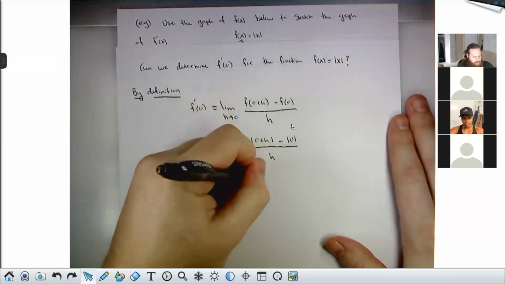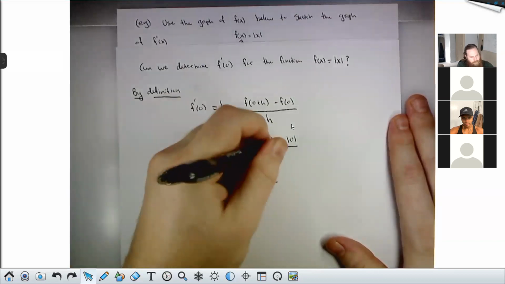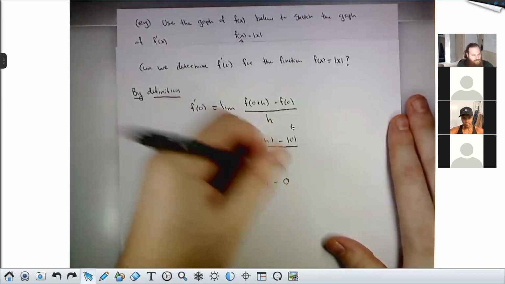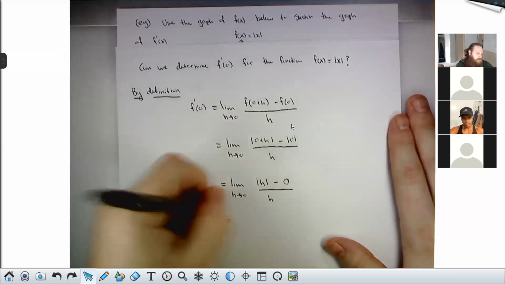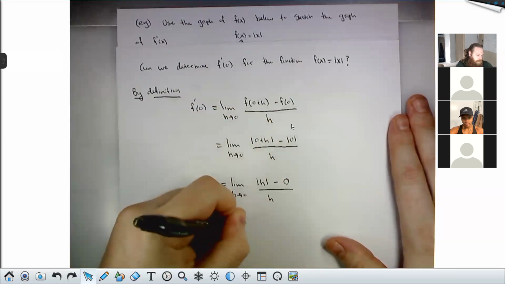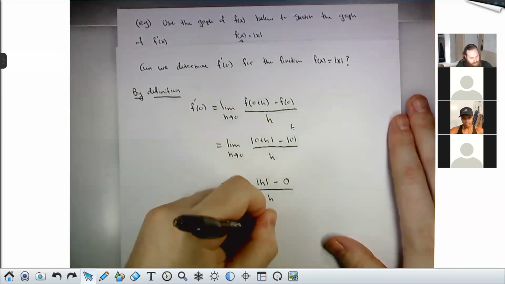So this first piece is just the absolute value of h. Minus is minus. The absolute value of 0 is 0. And all of this is over h. So we get the limit as h goes to 0 of the absolute value of h over h.